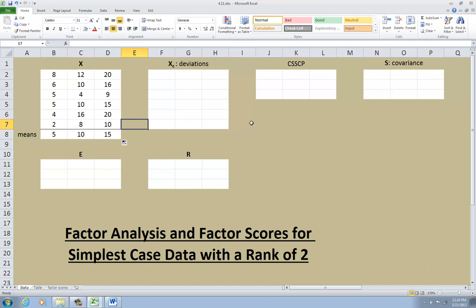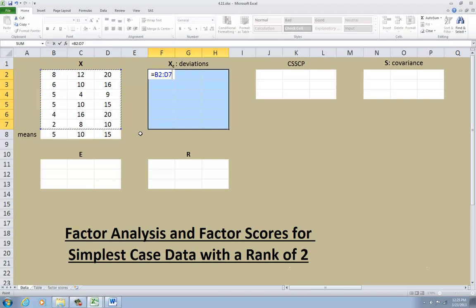So let's get the deviations of this so that we can get the covariance matrix. So we have our raw data, and we're going to subtract our means to get our deviation scores.